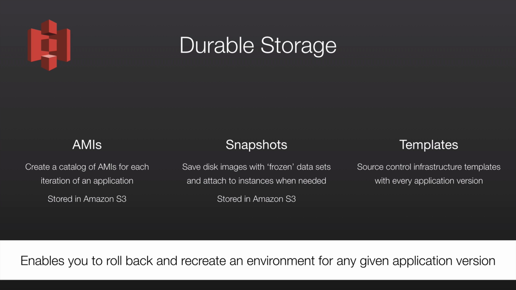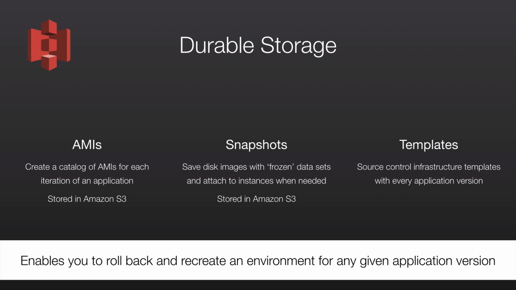And of course, combining those three things together enables you to roll back and recreate an environment for any given application version, as long as you've stored appropriate artifacts for that application version using the techniques that we've described, in that very durable Amazon S3 storage.